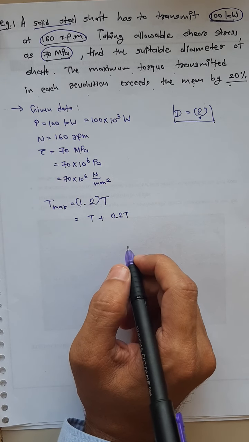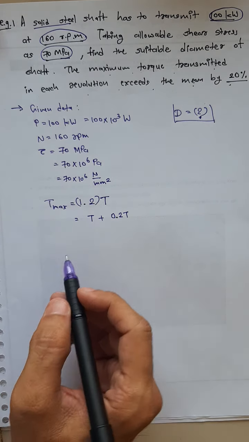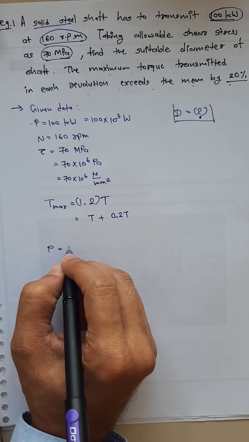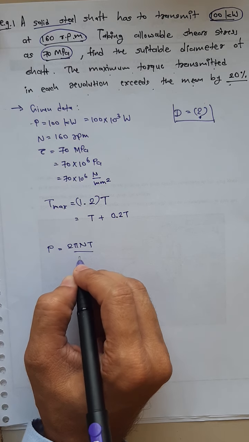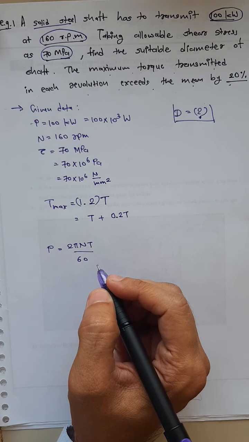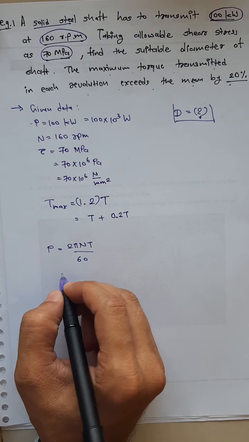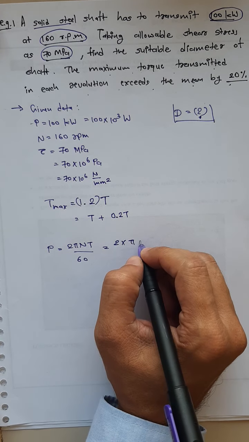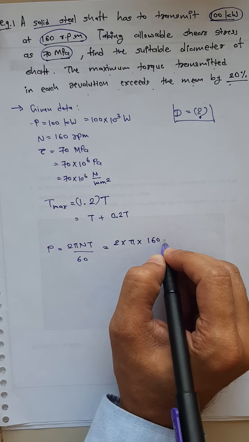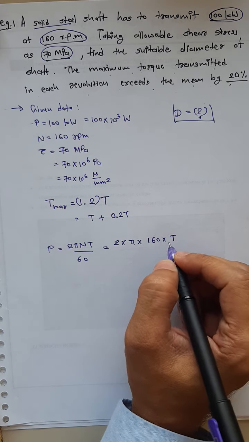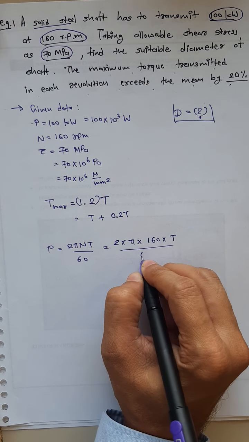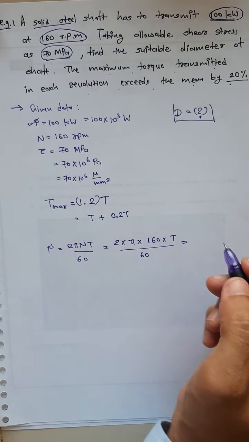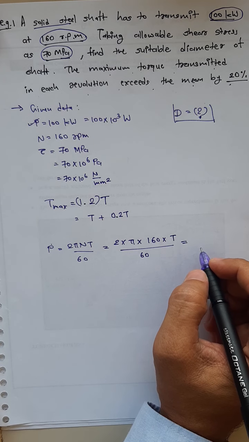According to the data available with us, we have the equation of power. We all know power P is equal to 2 pi n T by 60. So simply substitute the values: 2 into pi into n, which is given as 160, torque is not given, it is the unknown quantity, divided by 60 is equal to the power given to us, 100 into 10 raised to 3 watt.